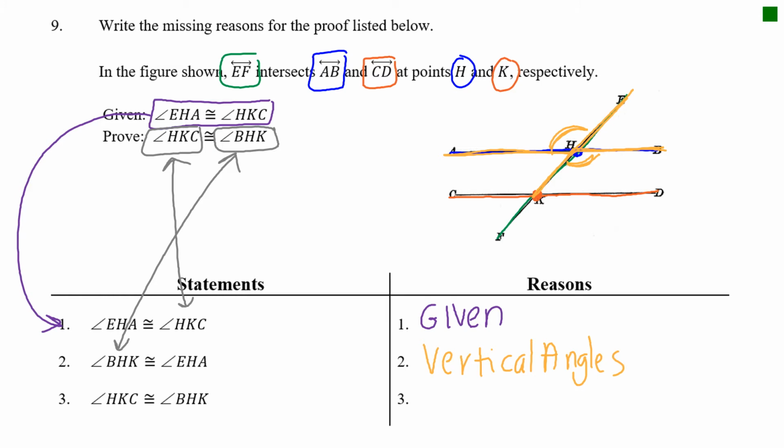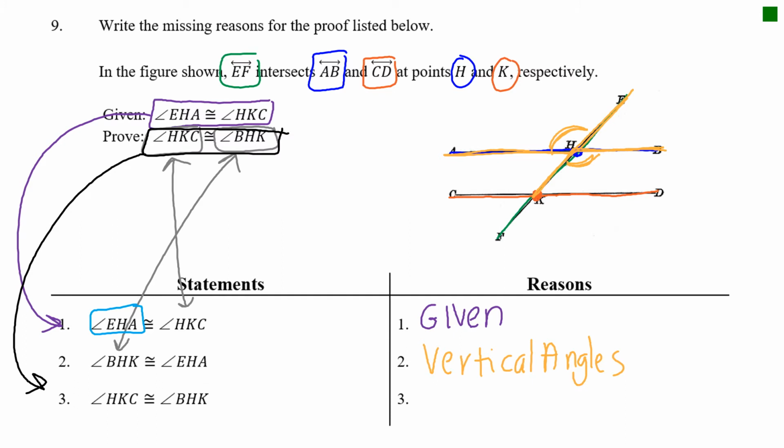Now, the last thing we're trying to show, or we're trying to prove here, is that HKC is congruent to BHK. Now, the statement number 3, where they got that from is because whatever you're trying to prove should always be the last statement that you make. All right, so we want to figure out why that's true. Now, look at the angles they give us here. So here's EHA.